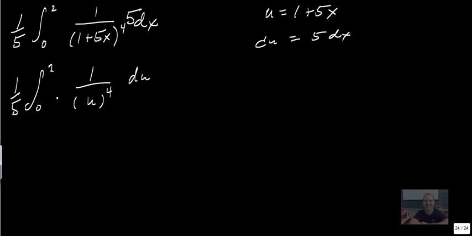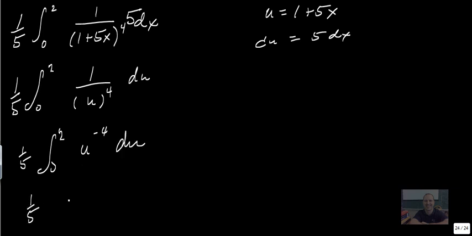Now, just like in the other example, we're going to integrate, but you have to be careful with the limits of integration. If you leave them as 0 and 2, you have to make sure that you substitute this back in. This is the error that I made in the last question. So if we integrate this, actually, let's rewrite this to make it easier. This is going to be u to the negative 4.